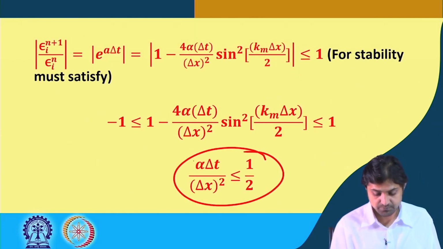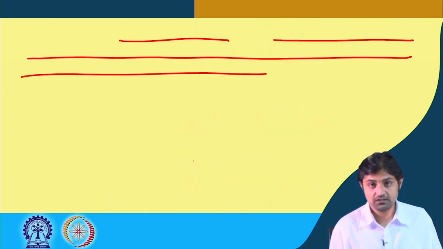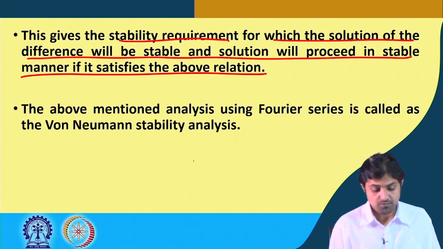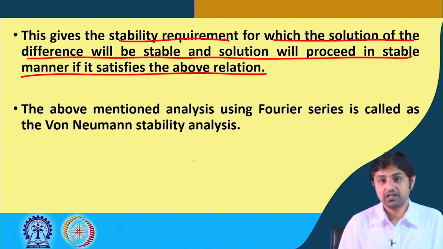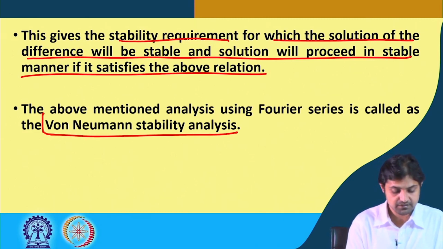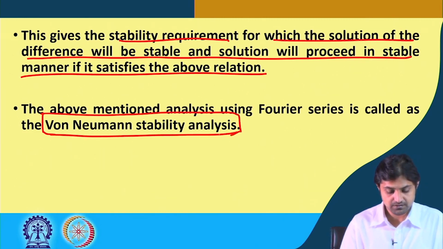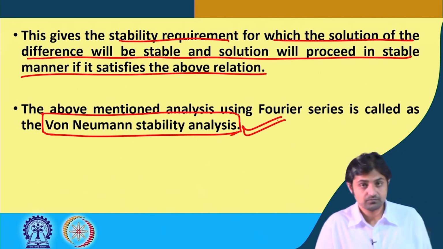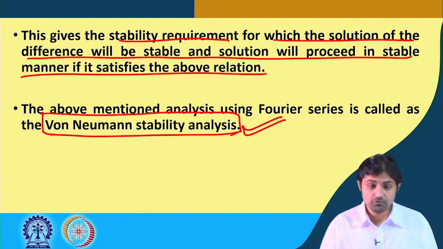This relation. That is the final solution. The above mentioned analysis using Fourier series is called von Neumann stability analysis. So, you must be in principle knowing what is von Neumann stability analysis.